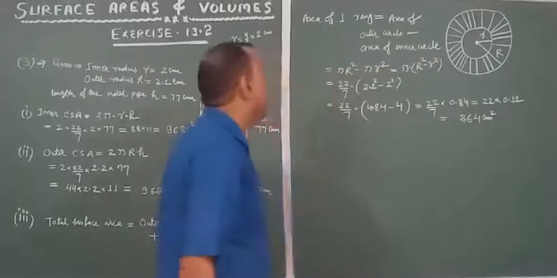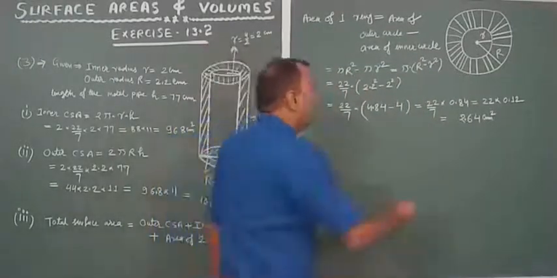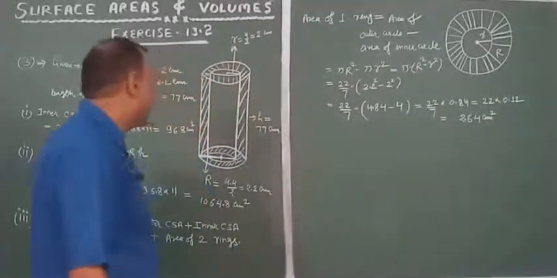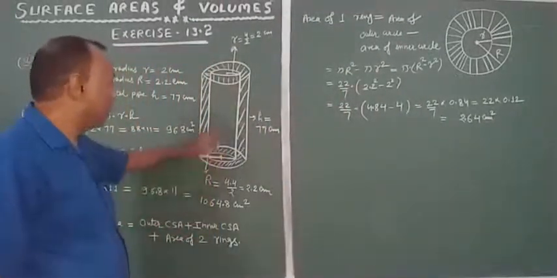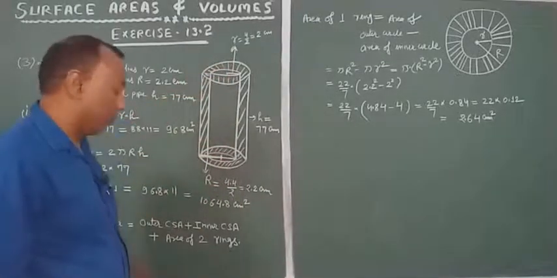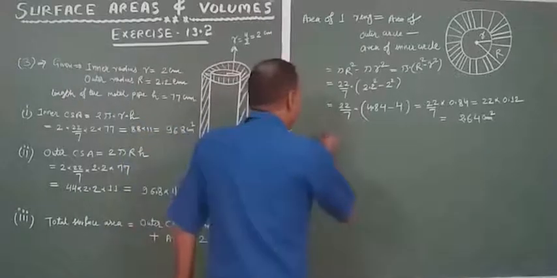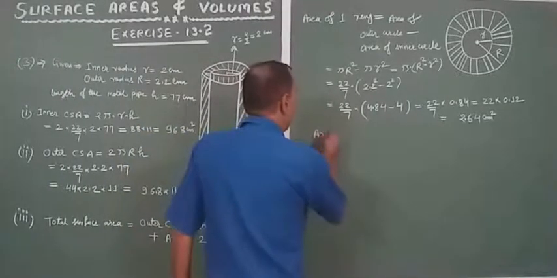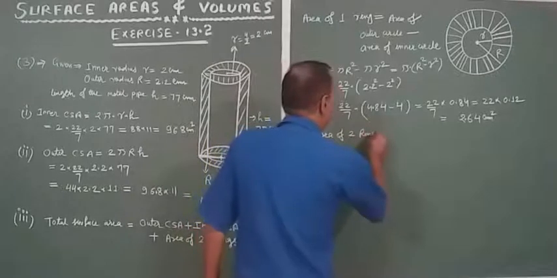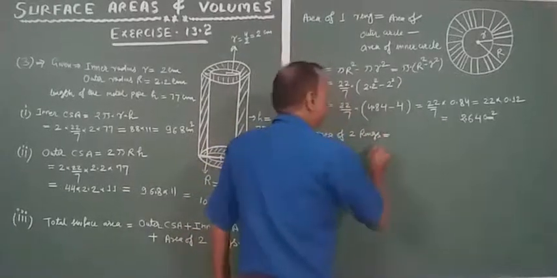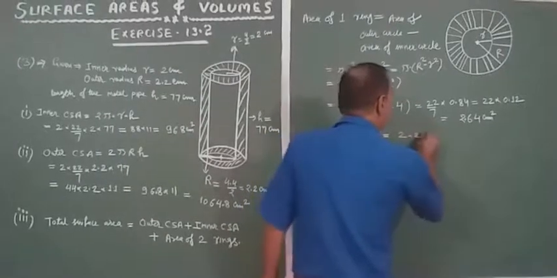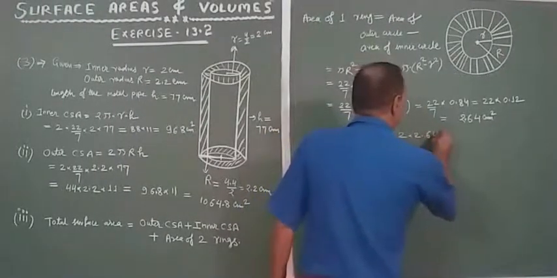So the area of one ring is 2.64 centimeter square. And there are a total of two rings, one at the base and one at the top. So the area of two rings will be 2 multiplied with 2.64.